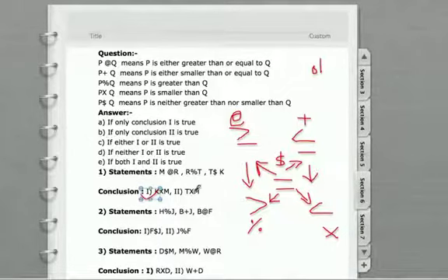T is here, but we do not take T from this, T is actually associated with K, so we always take it from here.